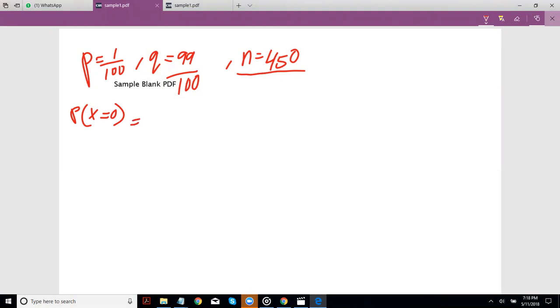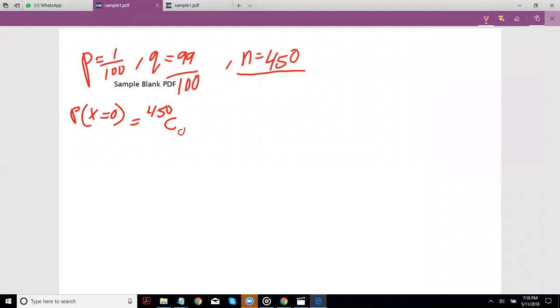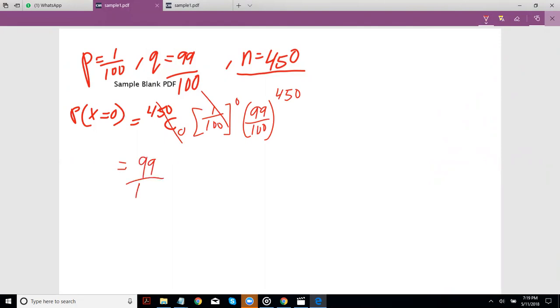The probability of that would be 450C0, 1 upon 100 to the power 0, and 99 upon 100 to the power 450 minus 0, which is 450. This is all 1, so it would basically be 99 upon 100 to the power 450, and what should that give you?